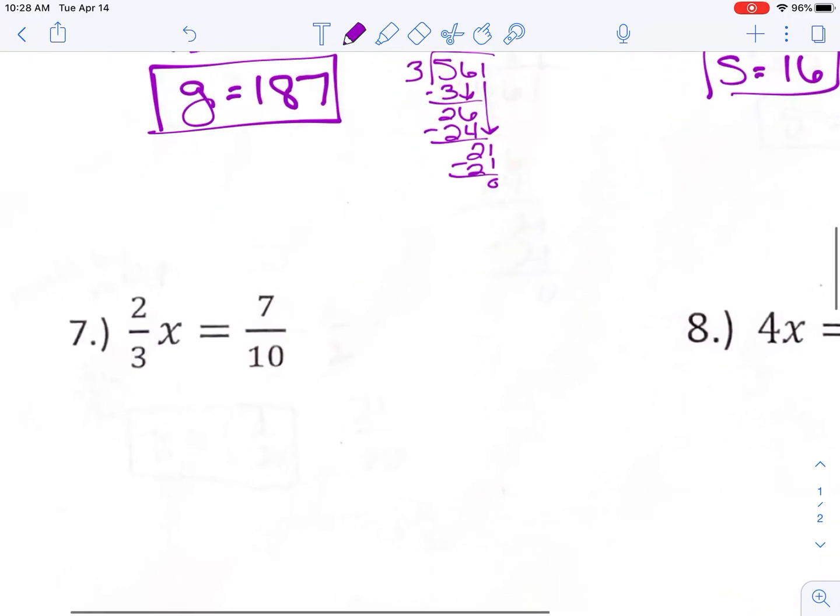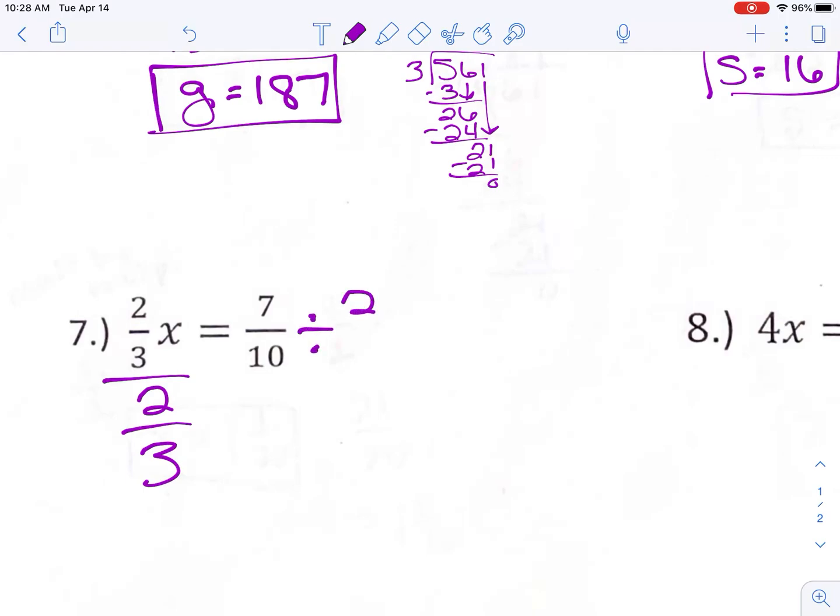Okay. Number 7, here's another fraction. So this says 2/3 times x. So instead of multiplying, we want to divide. So again, on this side, I'm just going to write it vertically. Over here, I'm going to kind of write it out, just so you remember that we do not divide fractions. We multiply by the reciprocal.